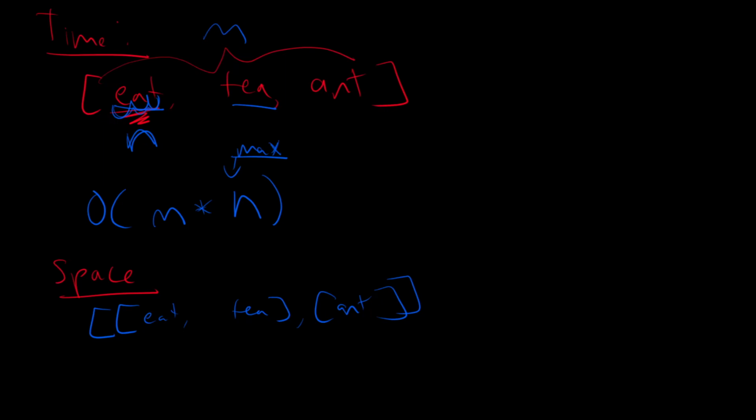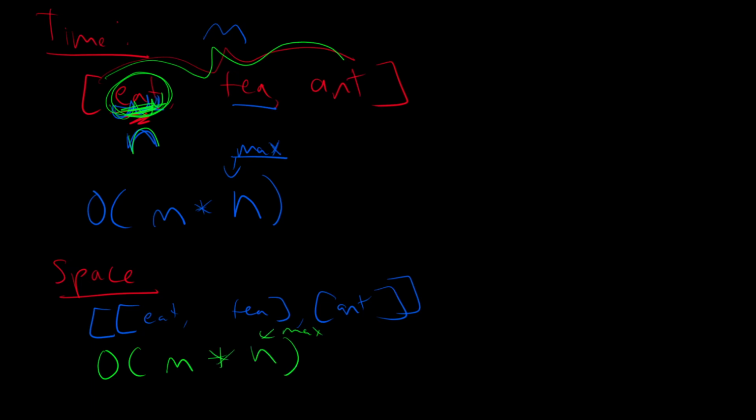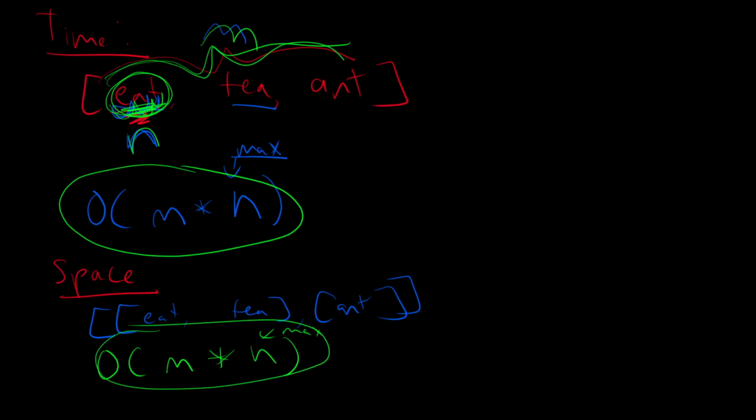But more importantly, for each of these individual strings, remember, we're creating a hash map. We're creating an individual hash map for each of these strings, which could be of max size n, and we're doing that m times. So the space complexity is also O of m times n, where n again is the max length of a string and m is the total count. So space complexity and time complexity are both going to be the same, O of m times n, and this is about as near to optimized as you can get.